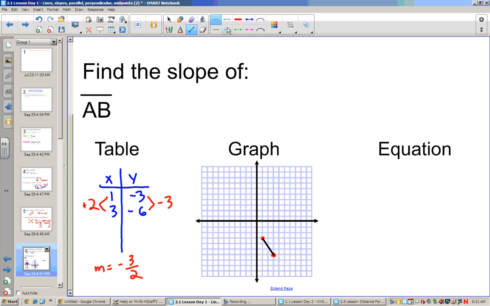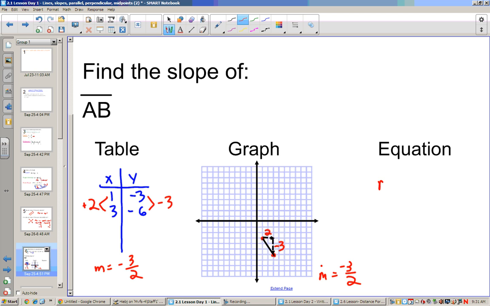So I have to figure out how far do I go over, which is 2, and how far do I go down, which is 3. Now we do rise over run, so this, again, would be negative 3 over how far we run, which is 2. So that's another way we can get it.